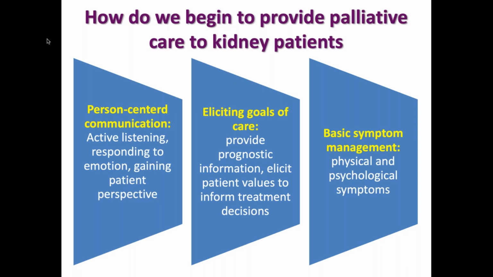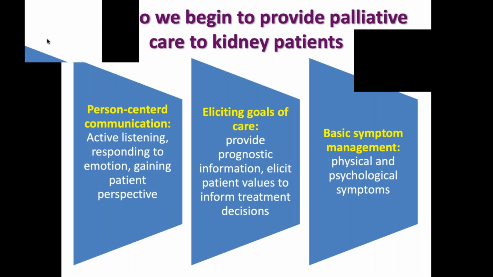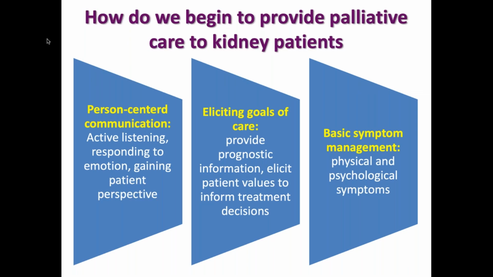Providing this prognostic information should not be our own subjective assessment; there are validated tools available for this, and we should make use of those validated tools as much as possible. While we are doing that, we must also elicit patient values. At the same time, we should start with providing basic symptom management, and these symptoms are both physical as well as psychological.